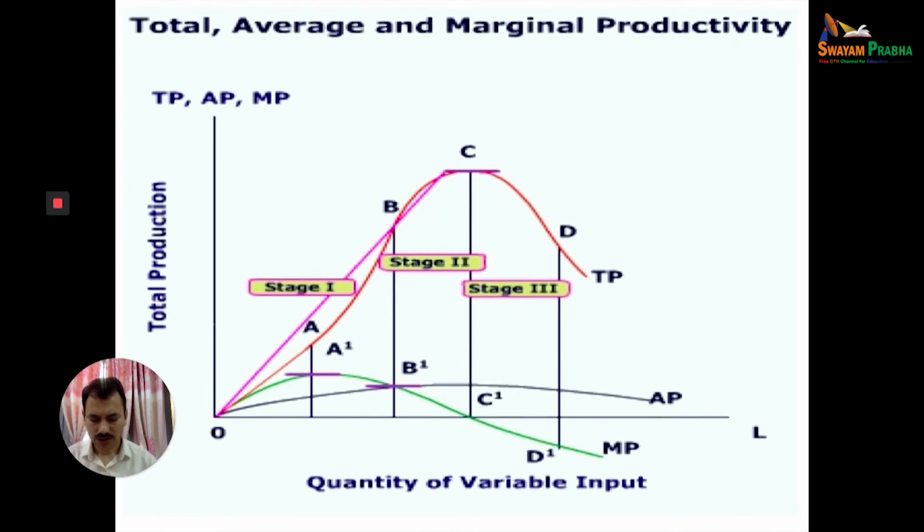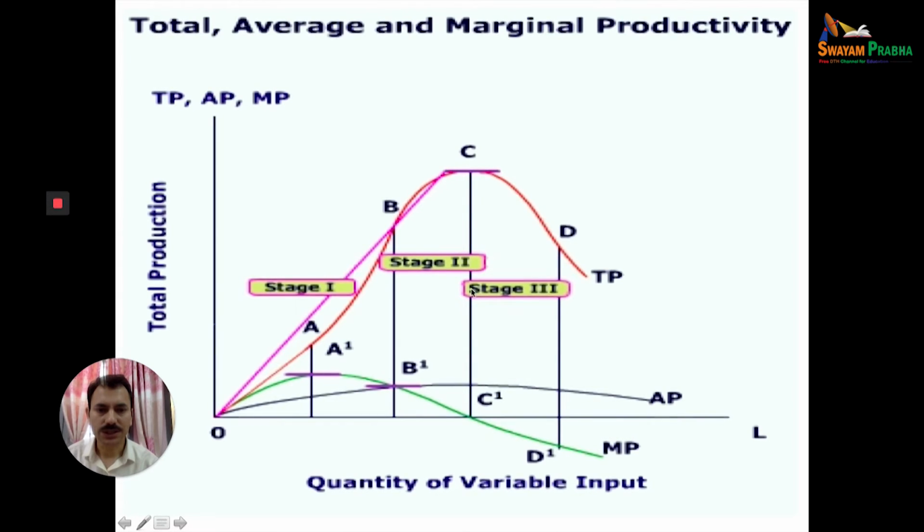This B1 is the intersection of AP and MP, where AP is maximum. After B1, average product is higher compared to MP, and production increases but at a diminishing rate.